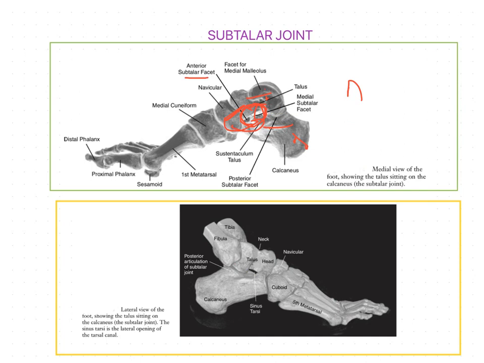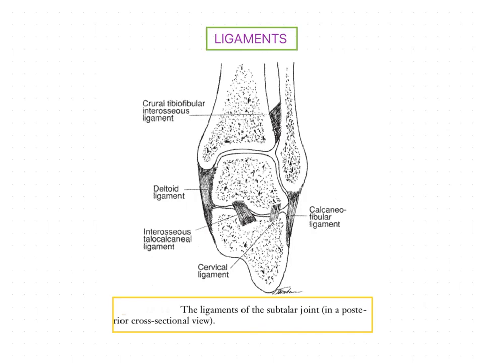Okay, now we will move on to the ligaments of the subtalar joint. If you see the ligaments here, this one is the posterior aspect of the cross-sectional area of the subtalar joint. Now the subtalar joint is a stable joint which is rarely dislocated, and it has a congruent osseous anatomy as well as strong ligamentous support.